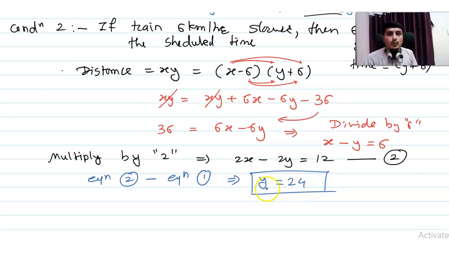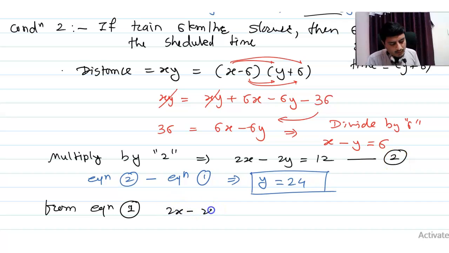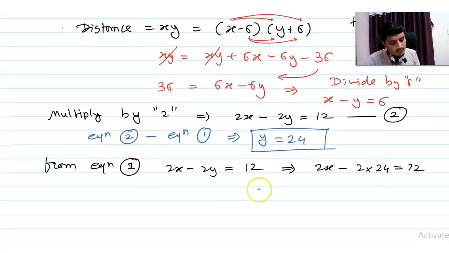Try to evaluate the original speed of the train, since distance is of the form speed into time. To evaluate the value of x, let us take equation number 2, which is 2x minus 2y equals 12. So 2x minus 2 into the y value, 24, equals 12. 24 twos are 48.